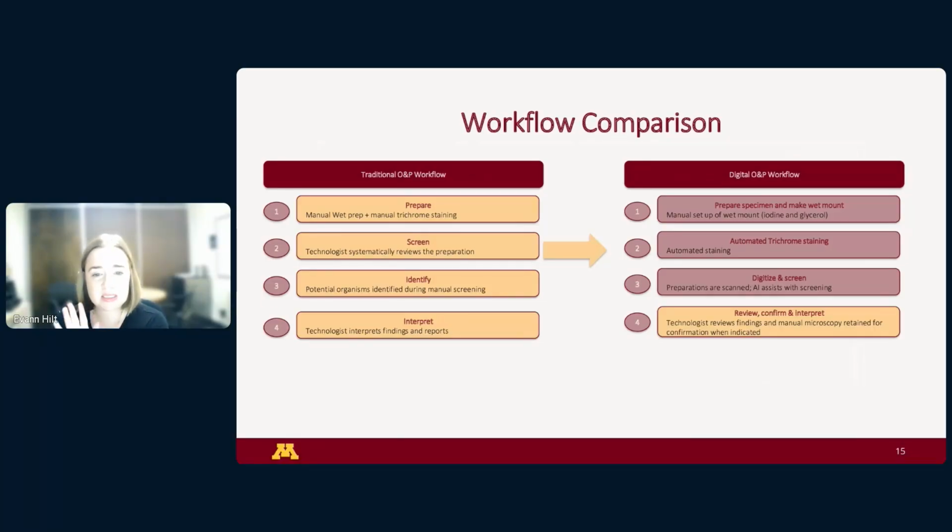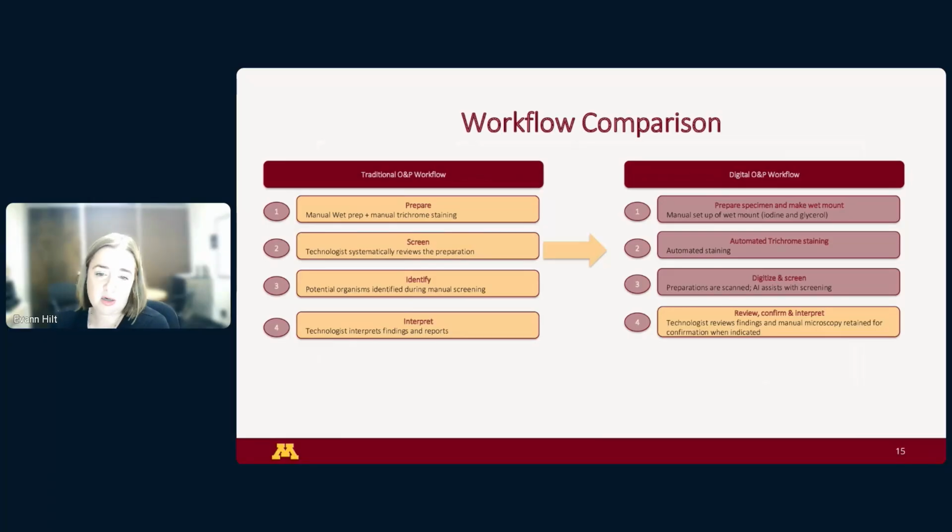And then on the right-hand side, highlighted in red, is what actually changed with our digital O&P workflow. In preparing the specimen and making the wet mount itself, we did add an additional component of glycerol to help maintain the integrity of the slide as it went through the scanning process.